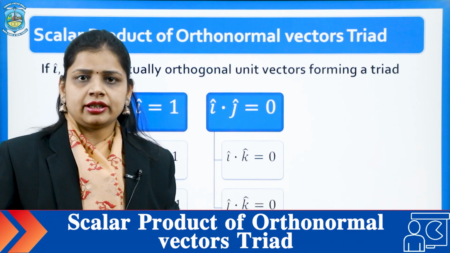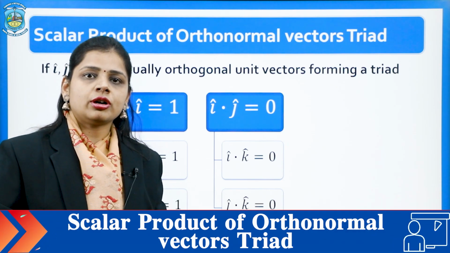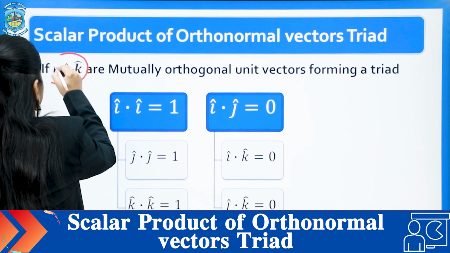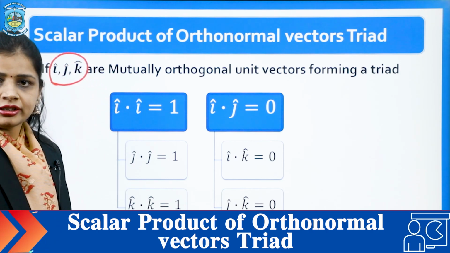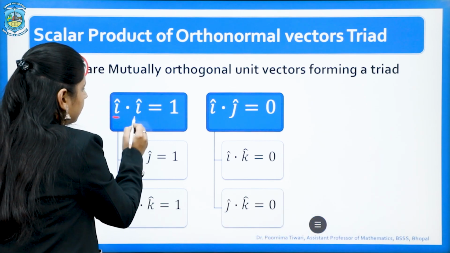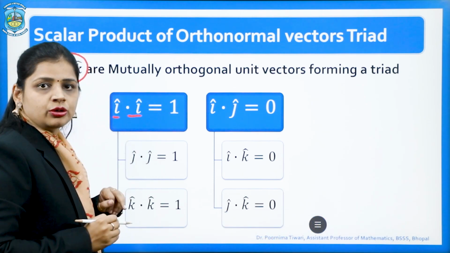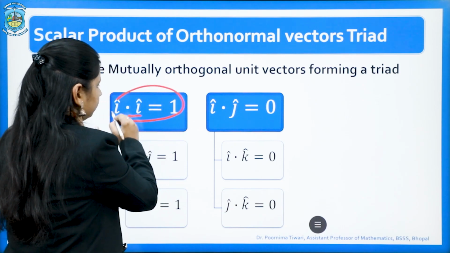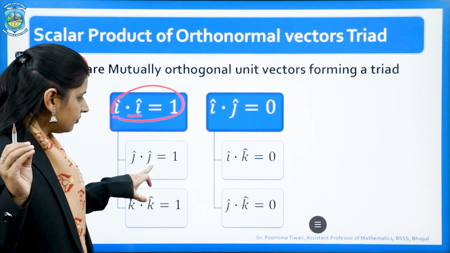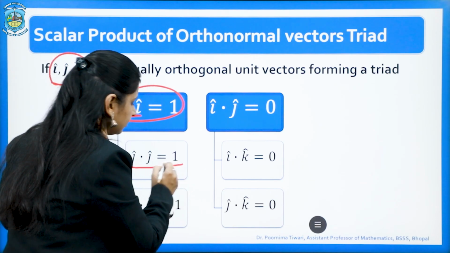There are some standard identities for dot product of mutually orthogonal unit vectors i cap, j cap and k cap. Dot product of i cap with itself is equal to 1. When we take dot product of j cap with j cap, we get 1.